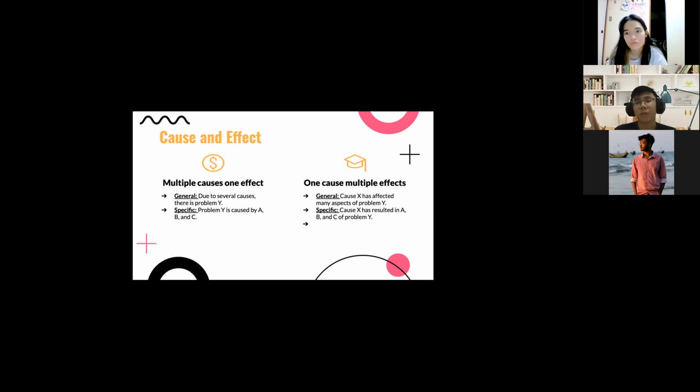So the effects of air pollution, Phoebe, can you think of anything? I think that's a pretty common problem, right? Okay, so for the effects of air pollution, maybe the most obvious one would be its impacts on human health.